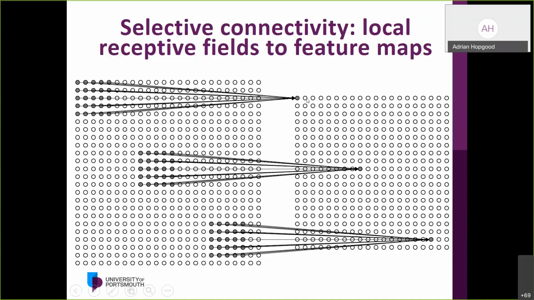And the next neuron here, the neighboring neuron in the feature map, is connected to the next collection of bits, shuffled along by one bit. So it reduces the degree of connectivity. Still a large amount of connectivity. This is still a lot of learning involved, but nonetheless, it's made manageable by this degree of selectivity of connection.